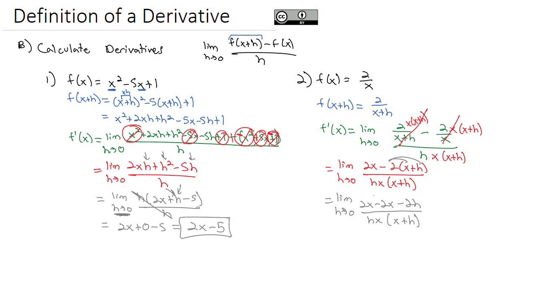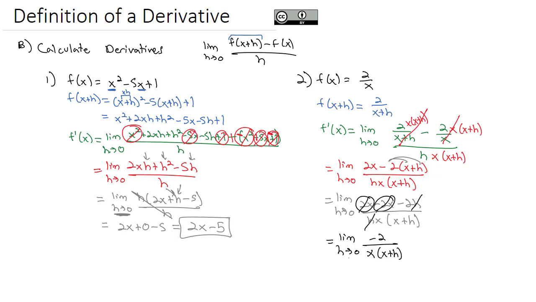Then if I look at simplifying, we've got a 2x minus 2x, which is 0. And now my numerator actually only has one term in it, negative 2h. So I can reduce out the h. And that's going to leave me the limit as h goes to 0 of negative 2 over x times (x plus h).